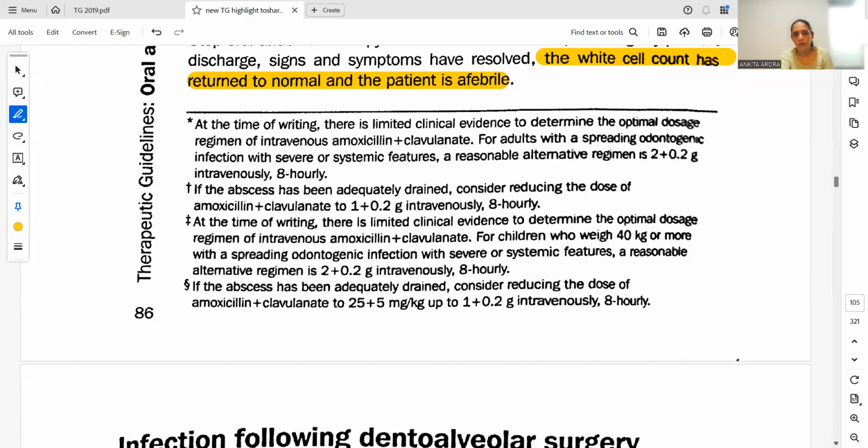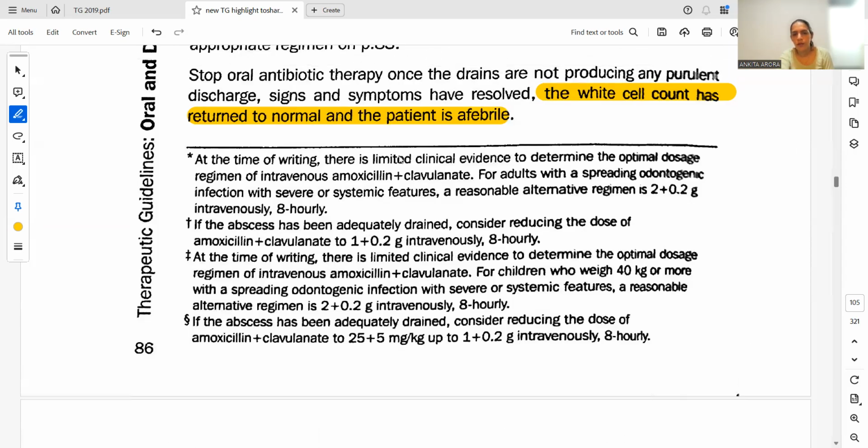Then they have mentioned that at the time of writing, there is limited clinical evidence to determine the optimal dosage regimen for IV amoxicillin and clavulanate for adults with spreading odontogenic infection with severe or systemic features. A reasonable alternative regimen is 2 plus 0.2 gram intravenously for amoxicillin-clavulanate.